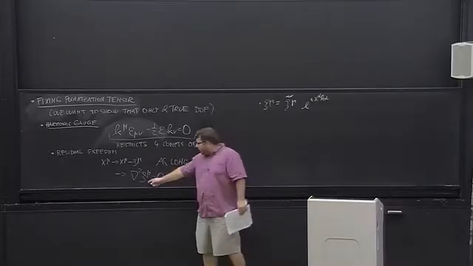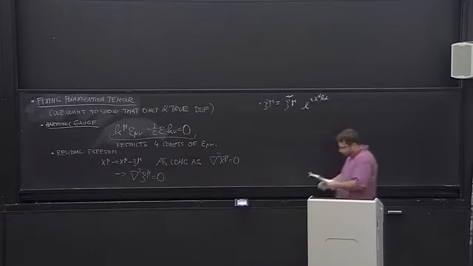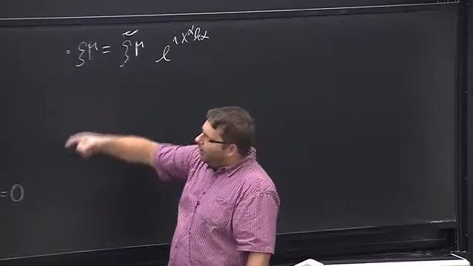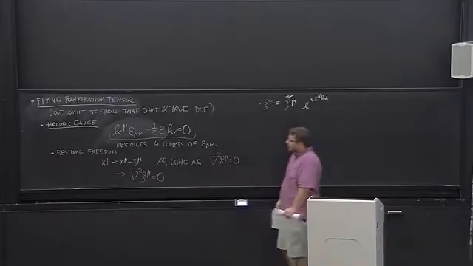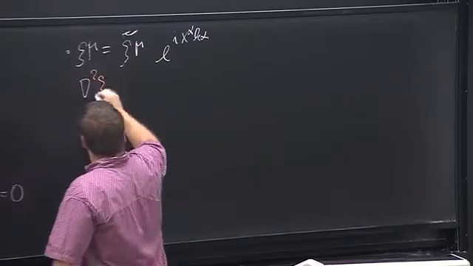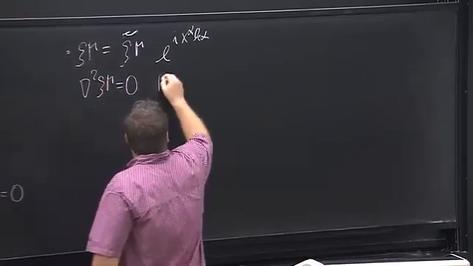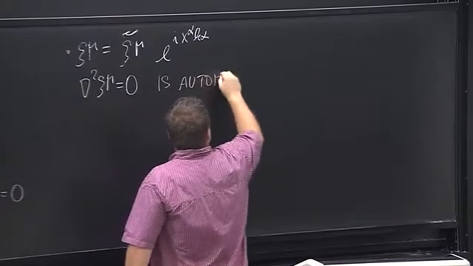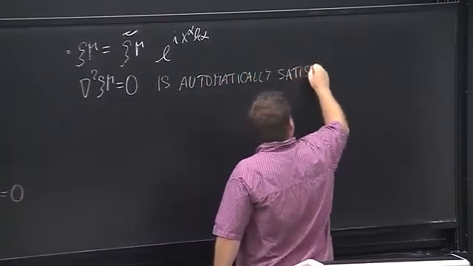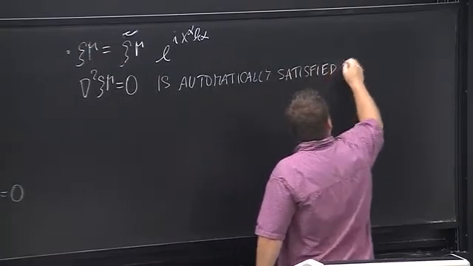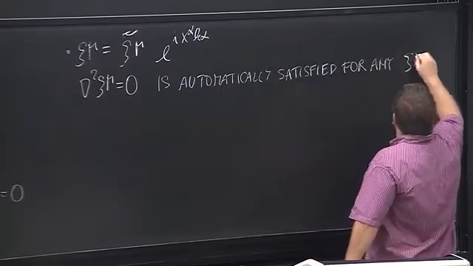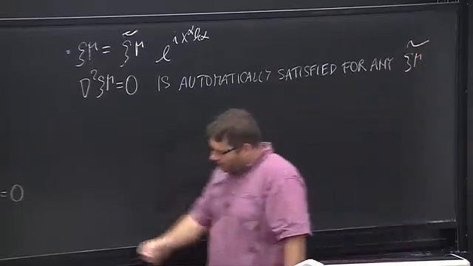So now if I plug it here, you find that this condition will be automatically satisfied. ∇² ψ^μ = 0 is automatically satisfied for any ψ̃^μ. I hope this is correct.